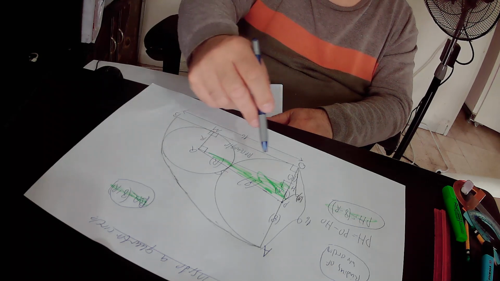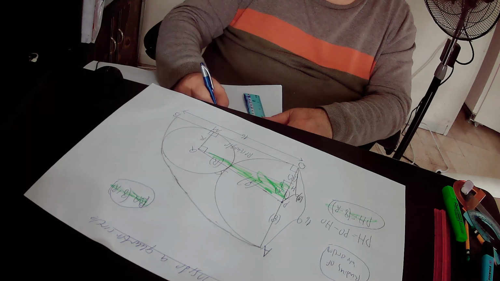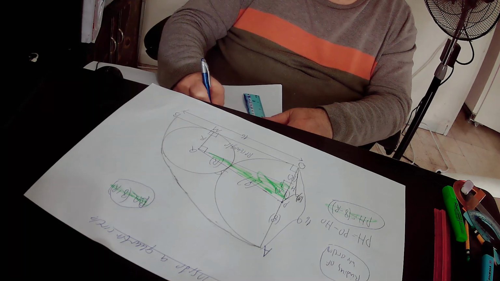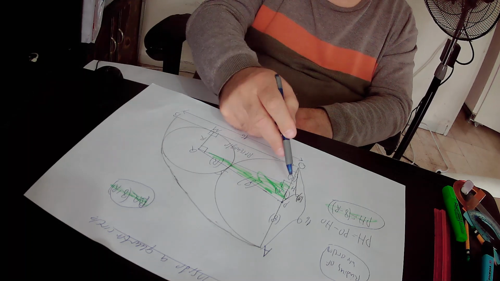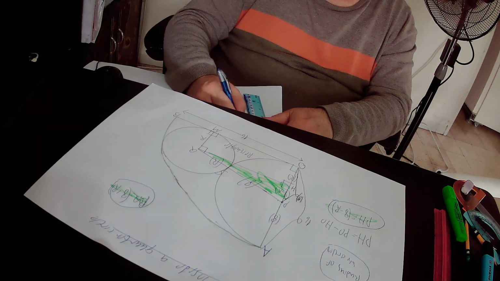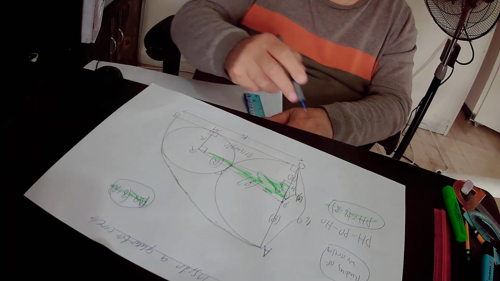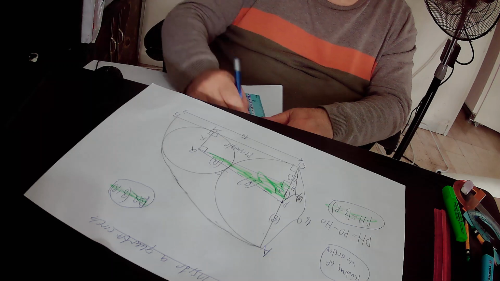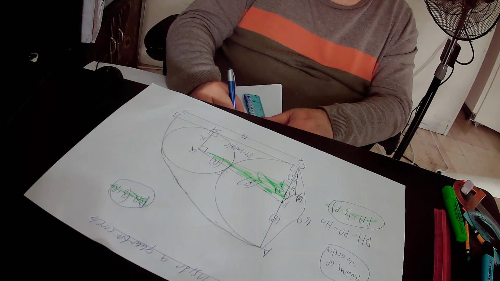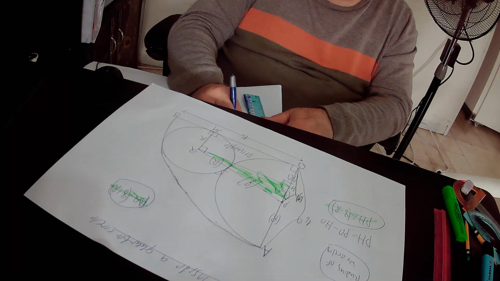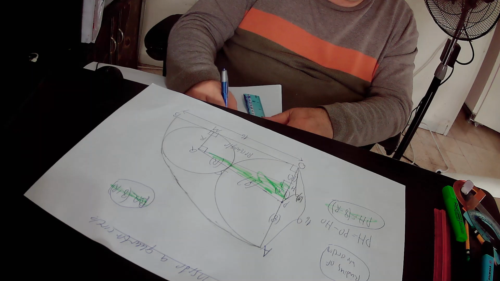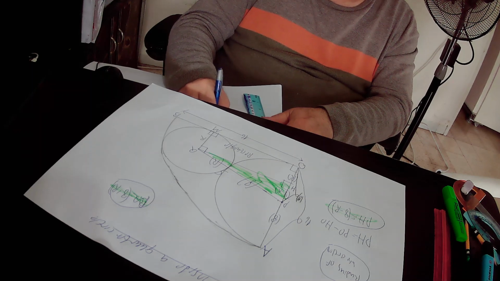Again, the hypotenuse PQ equals 8 plus R. And we already found out that PH equals 8 minus R. HQ is the missing side. Here we get a relation from the Pythagoras theorem.